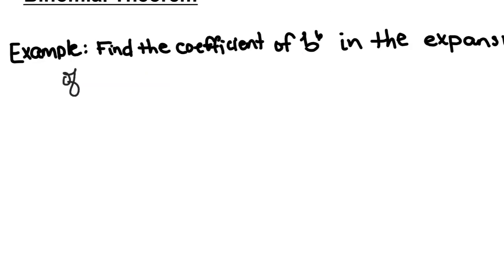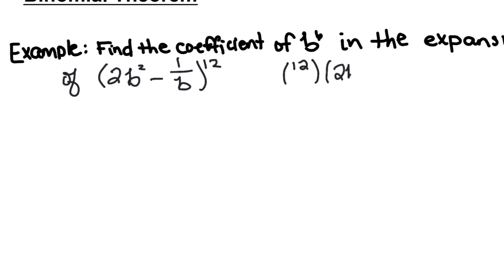So to do something like this, I'm going to kind of write things out here. 12 something in our combination. And then we're going to have 2b squared with some exponent.